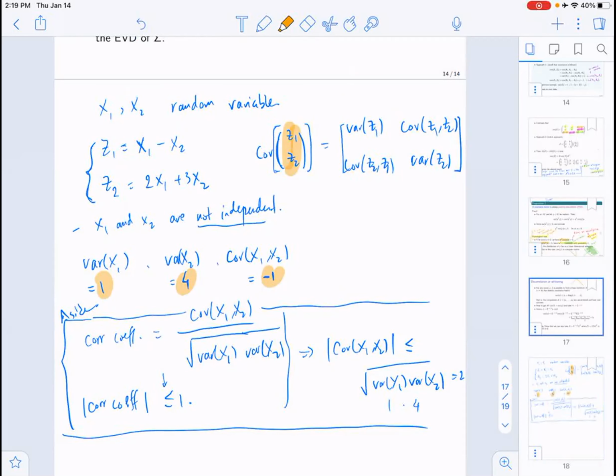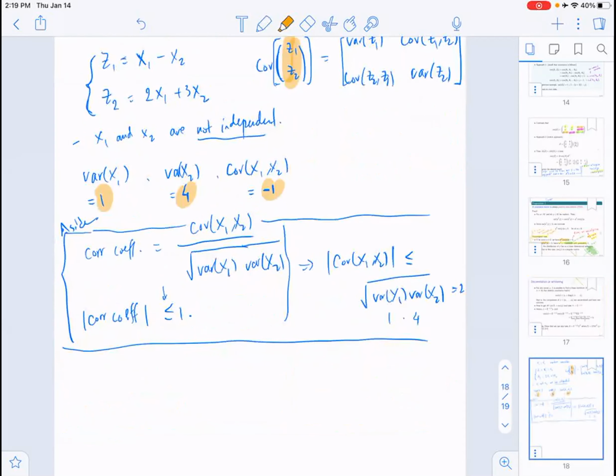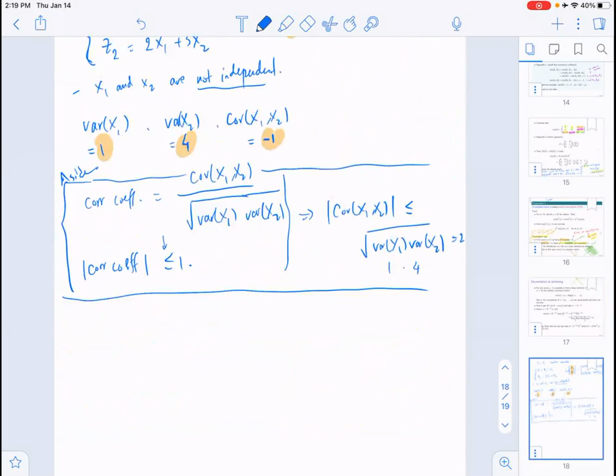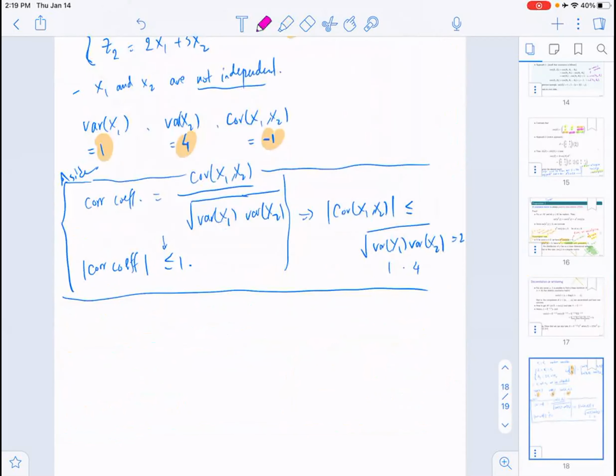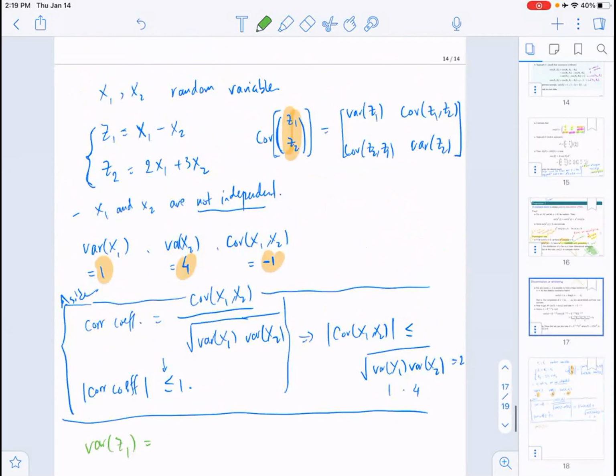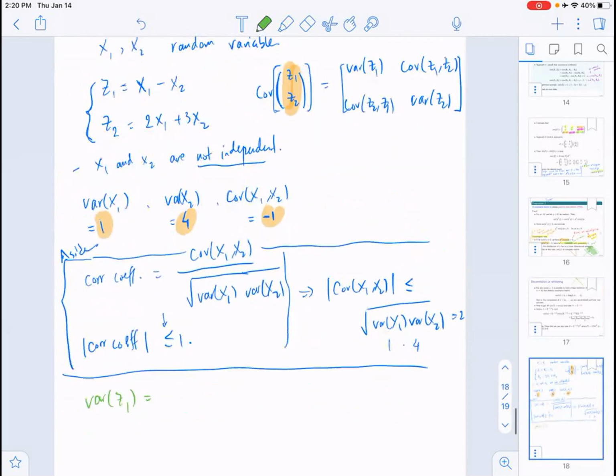Okay, any ideas how to proceed? We just plug it in with the variance. Start with each one: variance of Z1 equals the variance of X1 minus X2.